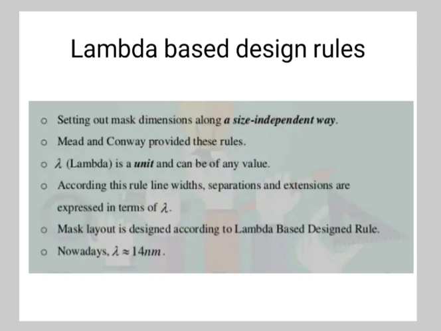So the objective of these design rules is to allow a ready translation of the circuit design concepts in stick diagram or symbolic form into actual geometry in silicon. The design rules are the interface between the circuit designer and the fabrication engineer.